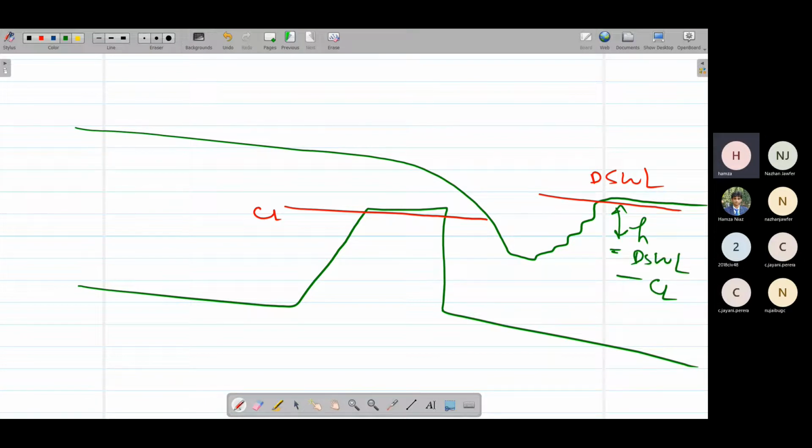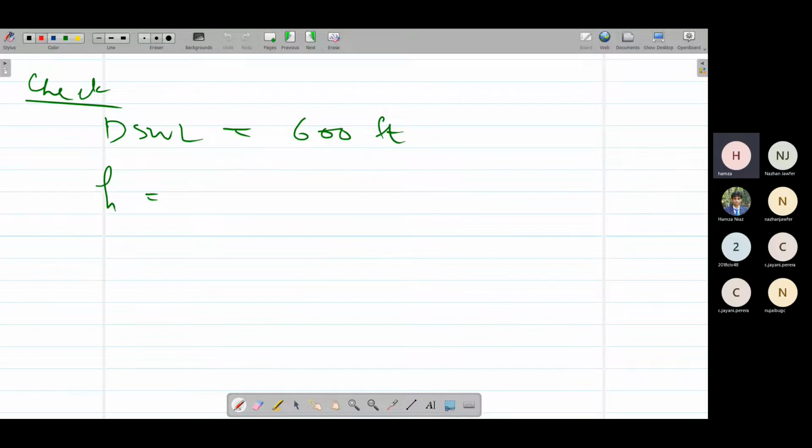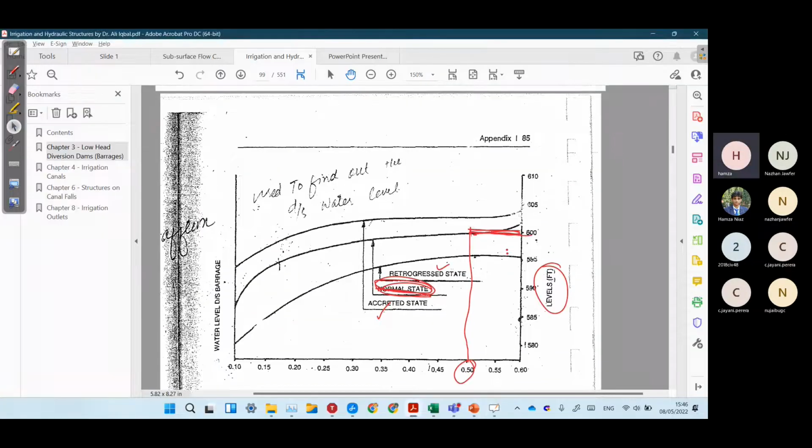It tells us how much the water level on the downstream side is above the weir crest level. So 600 minus 589.04 gives us the weir submergence.